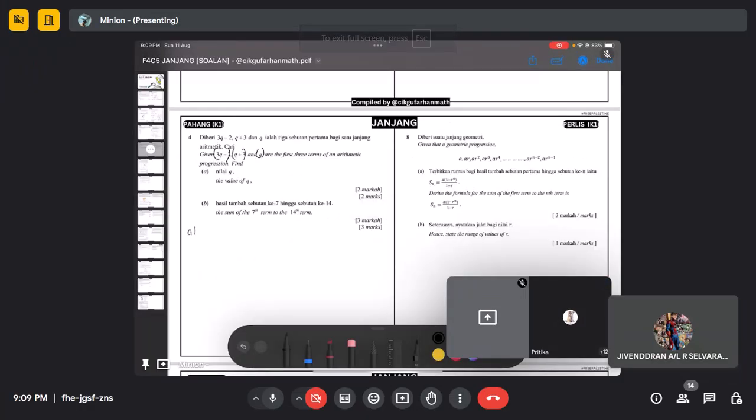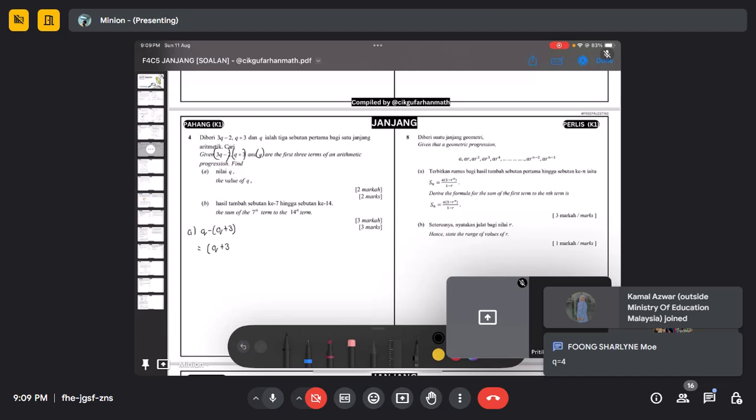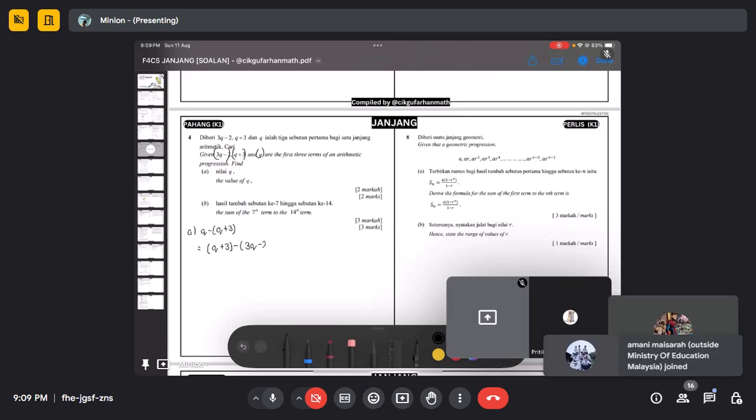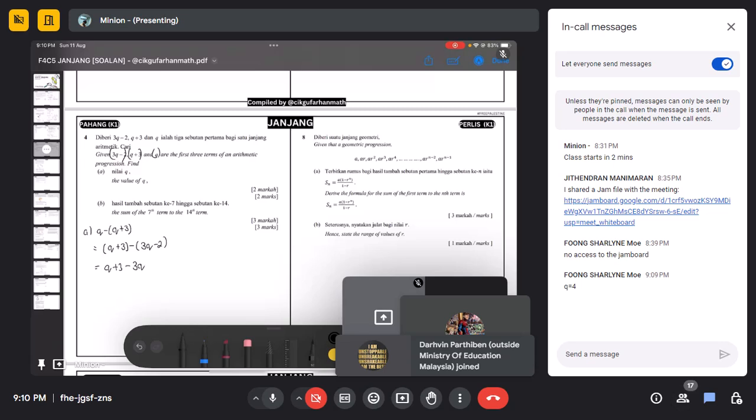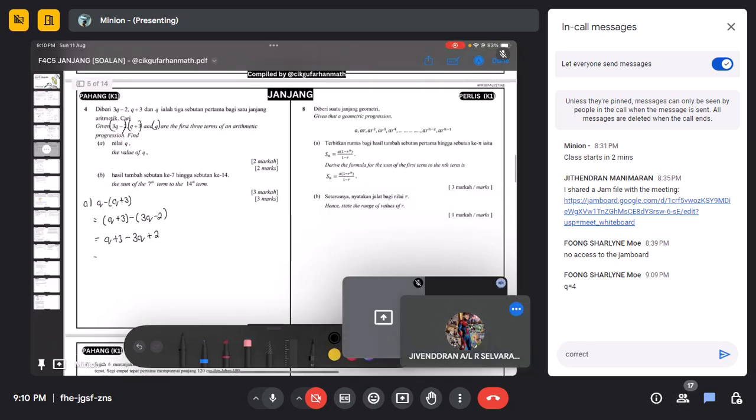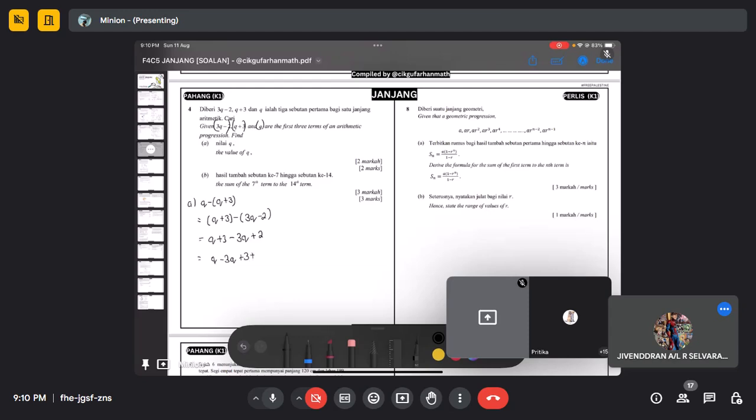So the value of q is 4. This is very basic, so the explanation is very short. I'm sure you all can understand by looking at the steps.